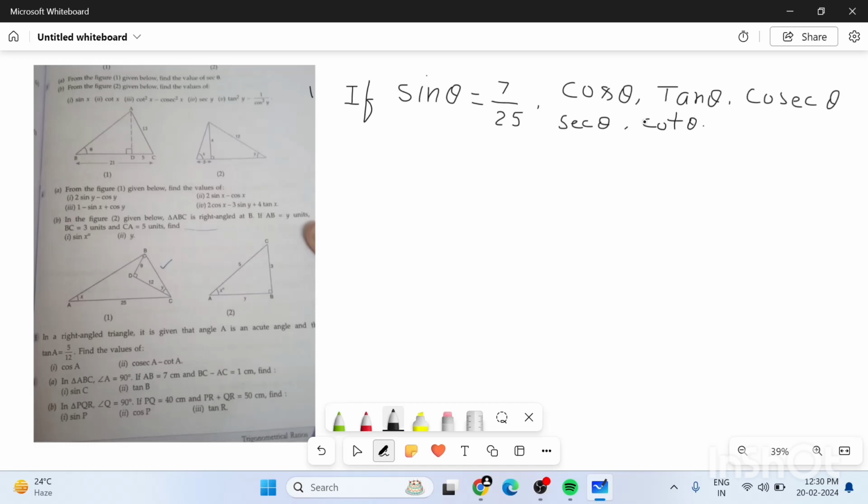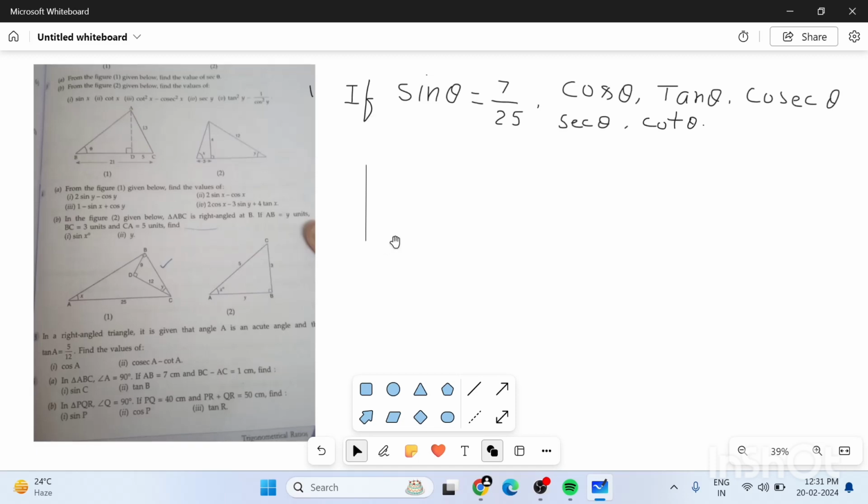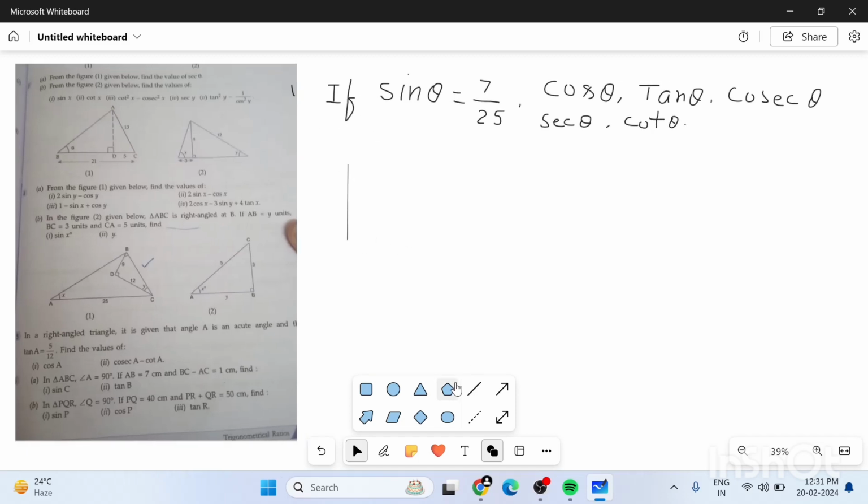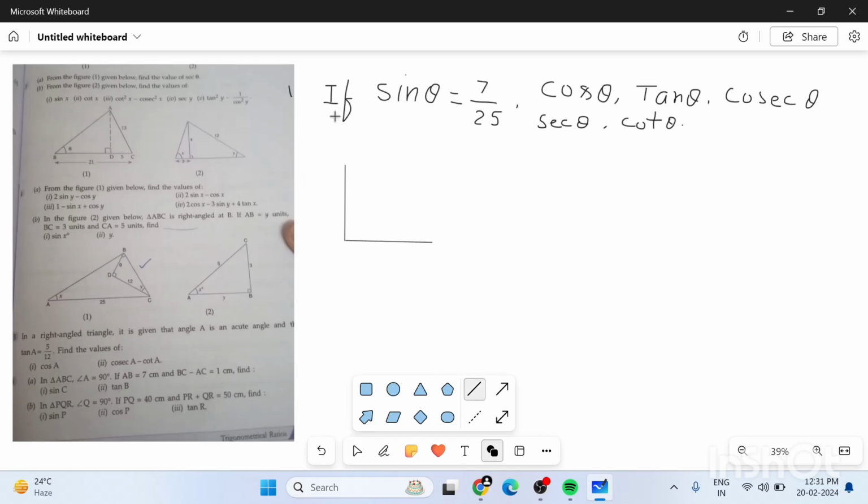Now in this particular question, if we draw a triangle for our reference, here we have a right angle triangle.